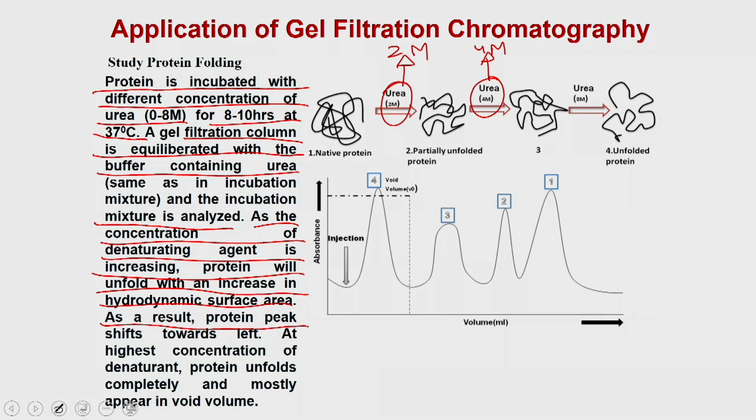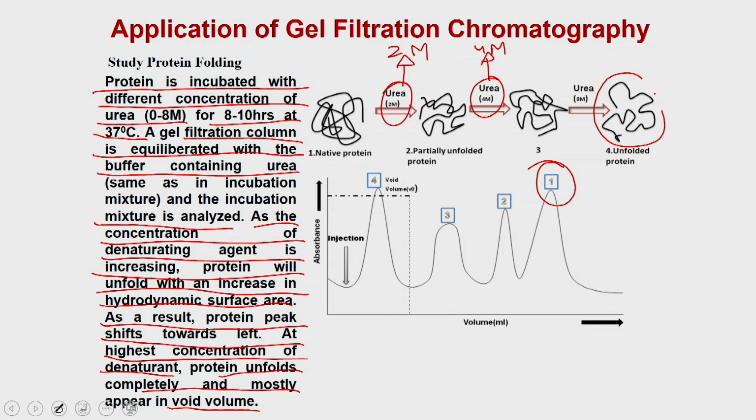As a result, the protein peak shifts towards the left, which means this is the peak for the native conformation, and as the size of the protein increases, the protein will come out more and more on the left side. At the highest concentration of the denaturant, the protein unfolds completely and mostly appears in the void volume.